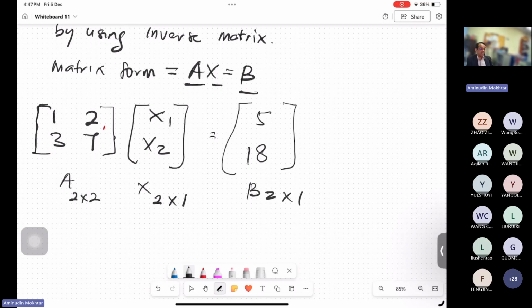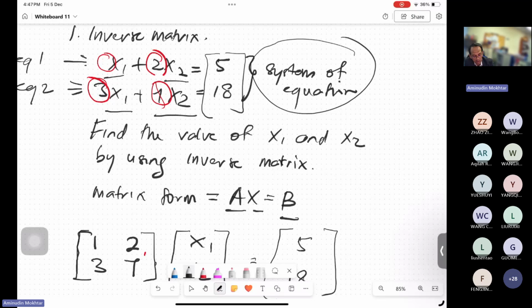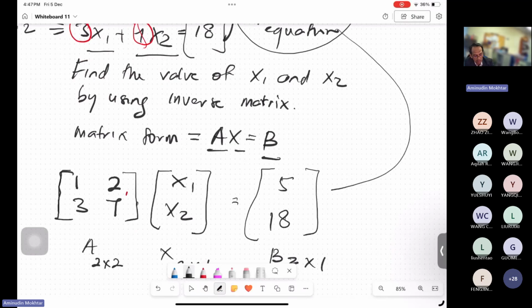Okay, that's all about the matrix form of a system of equations. This is the original system of equations, and now we convert the system into the matrix form AX equal B. In this class, this topic will focus on two variables and two equations only, because we're going to apply the matrix concept, the inverse matrix.